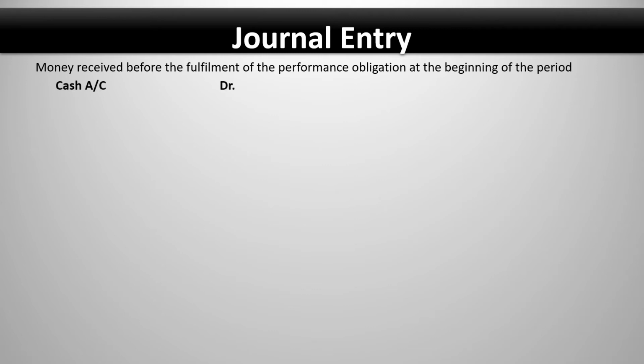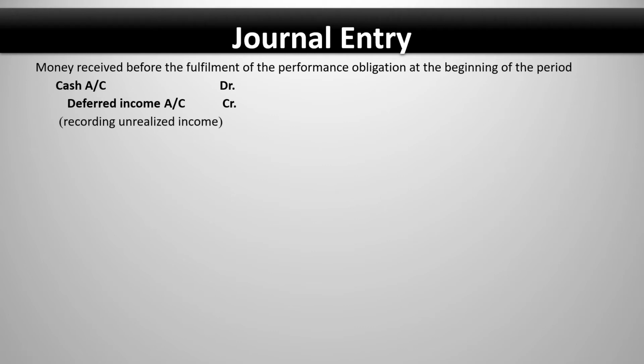First, we may receive money before the fulfillment of the performance obligation at the beginning of the period. When we receive the money, we debit the cash account and transfer the full money received for the contract to the deferred income account, as we haven't fulfilled the performance obligations yet.